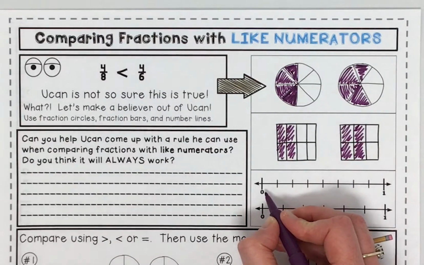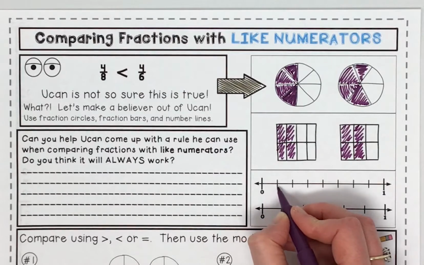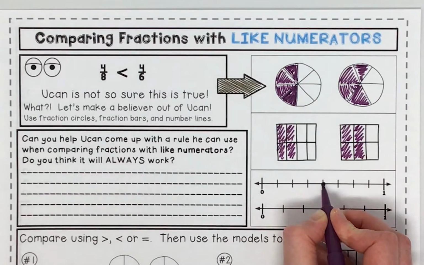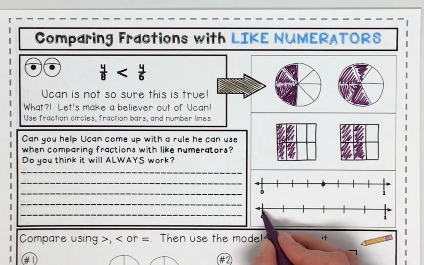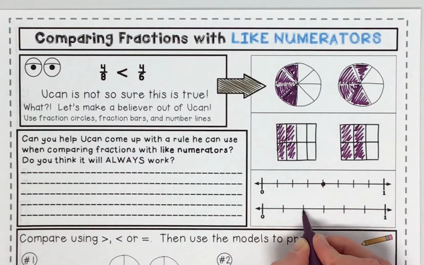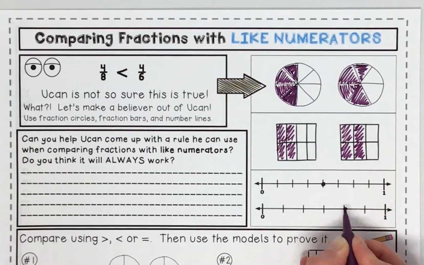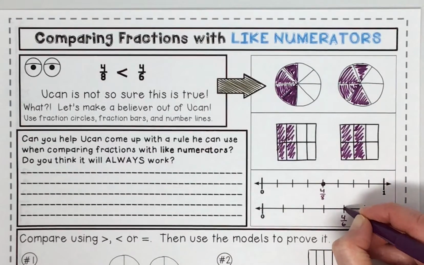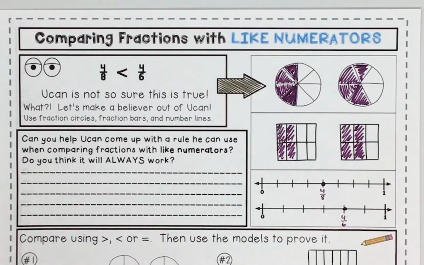What about this? Let's go ahead and find 4/8 on our number line. 1/8, 2/8, 3/8, 4/8. And let's find 4/6. 1/6, 2/6, 3/6, 4/6. This is 4/8. This is 4/6. 4/6 is bigger because the pieces are bigger.